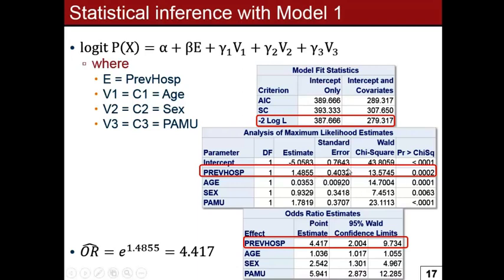This is the Wald statistic, which is the estimate over the standard error, squared, because this is the chi-square formulation. So remember, I said this could be either a z or a chi-square with 1 degree of freedom. The chi-square version is the square of the z version of the statistic, and so this is the estimate over the standard error squared.